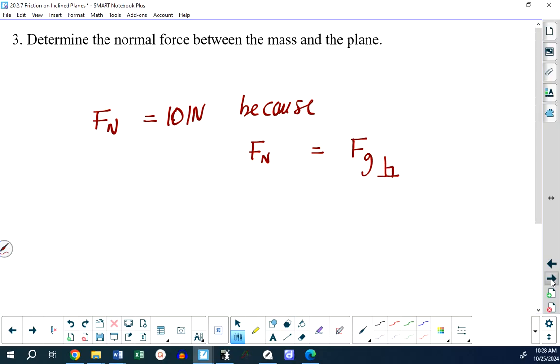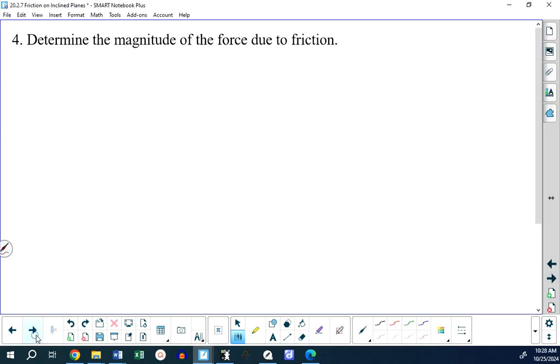And we've already calculated the perpendicular component of gravity. So we know the answer to this question. These are not the same force, they're the same magnitudes because they balance in that dimension.